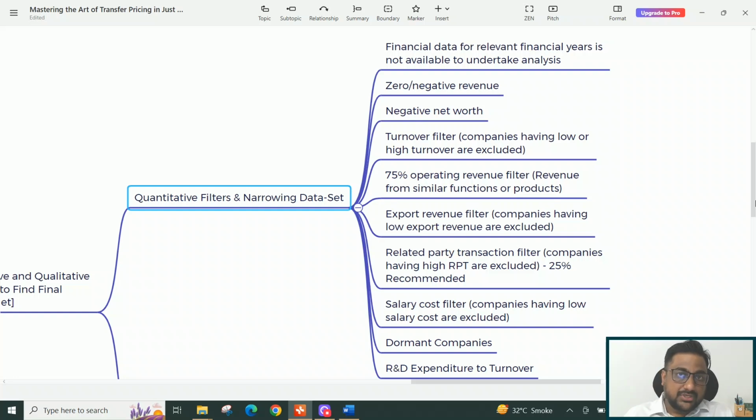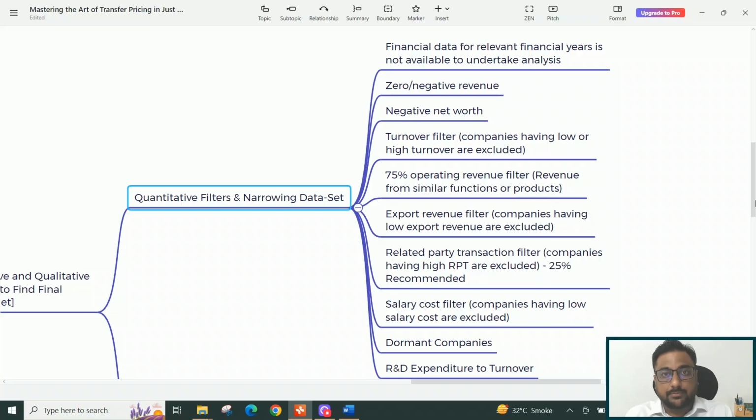The objective here is to achieve the final comparable data set, where data is available which matches all the criteria or thresholds, that is, the filters we are going to put, and which is functionally comparable to your tested party, right? To achieve that objective, we need to filter down the list of 1,000 or 2,000 companies.